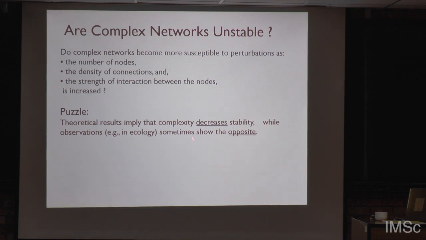Now, this is a kind of loaded statement, it's sometimes very difficult to interpret the observations done by field ecologists and say, is it saying complex networks are stable or unstable? Okay. So that's why I say that sometimes they seem to show the opposite.